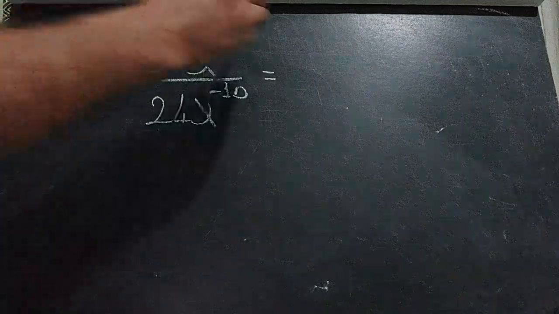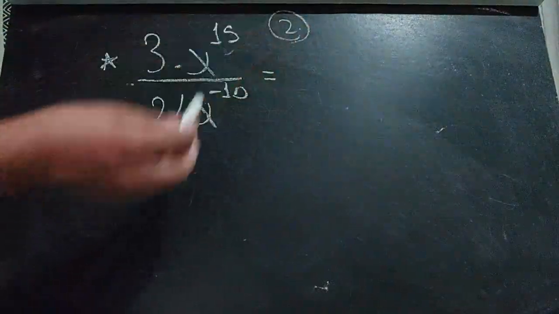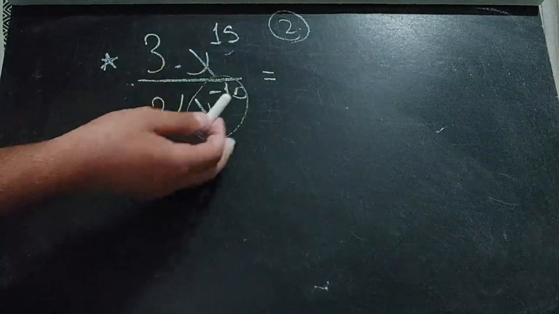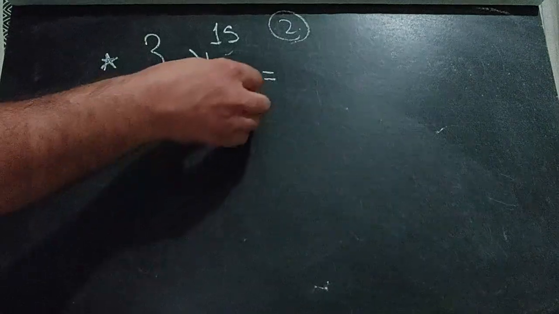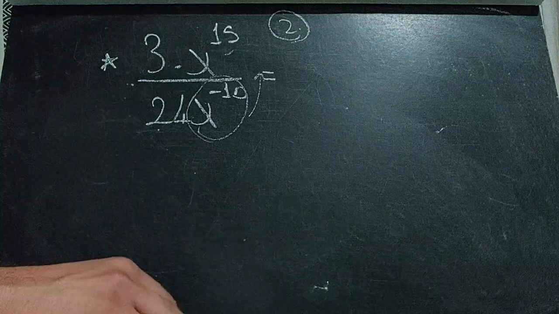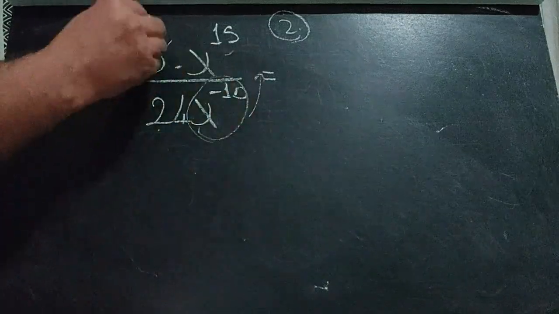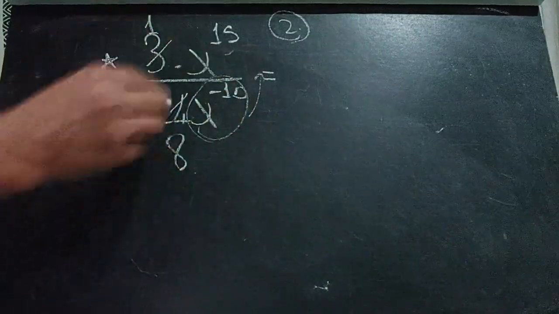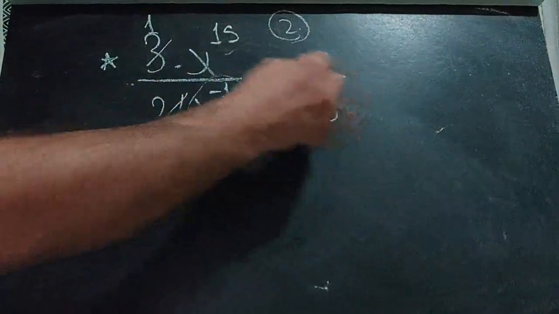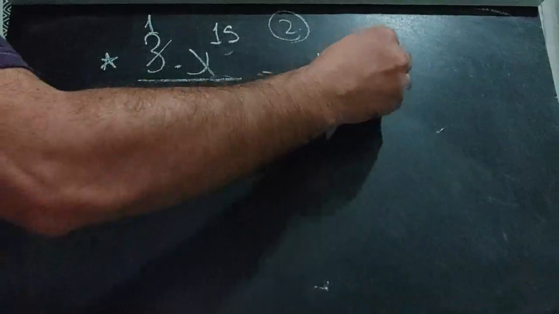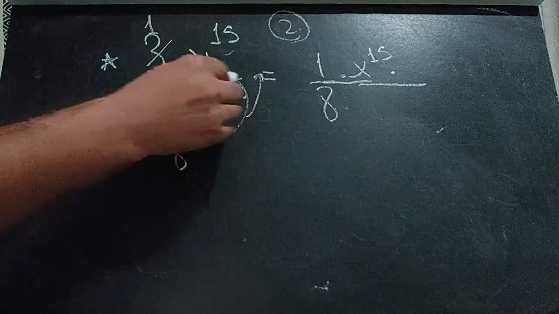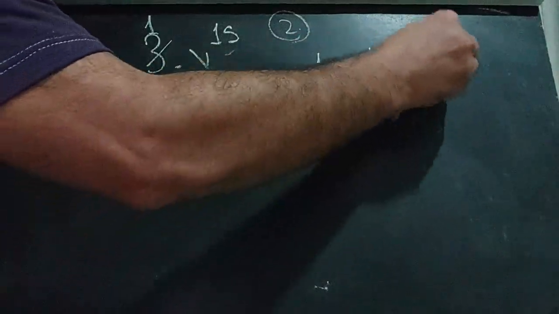So my second method is that you remember when you take any number or letter from the denominator to the numerator or from the numerator to the denominator, you change the sign of the power. So before that, simplify this and this again. That will be 1 over 8 times, that will be on the top now, x power 15 times, I take this one up, it was negative 10, it will be positive 10 now.